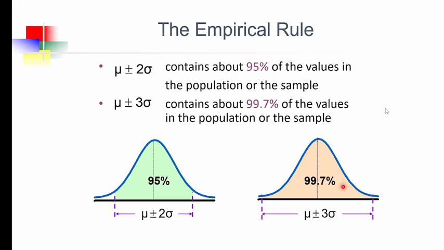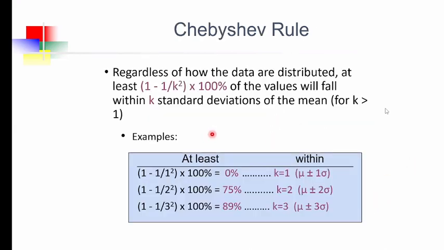Then 0.3% will be considered outliers, right? If the data is not symmetrical or not bell shaped, then we have to apply this formula: 1 minus 1 over k squared, times 100%. That is also put here. You read it and get the idea.